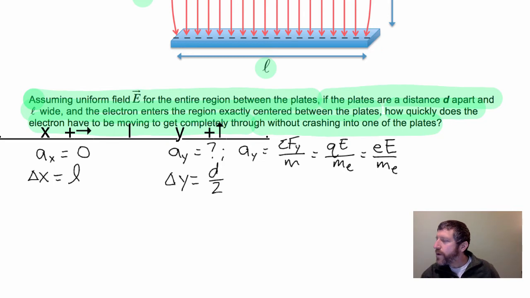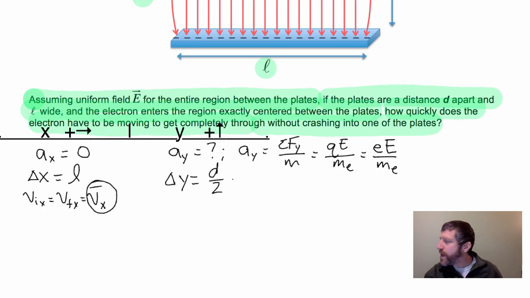There we go. And the question is, we're trying to find what v is. So we want to know basically v initial x, and that's going to be the same thing as v final x, which is the same thing as v average x, v bar x. So that's what we're trying to find. This is our unknown. This is what we want right there. How fast is it moving?